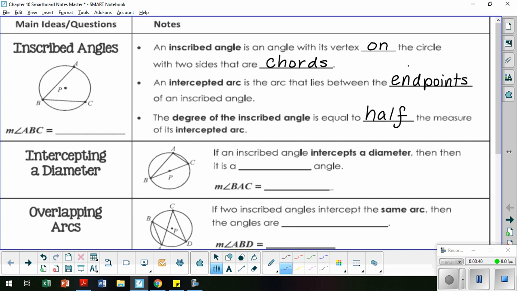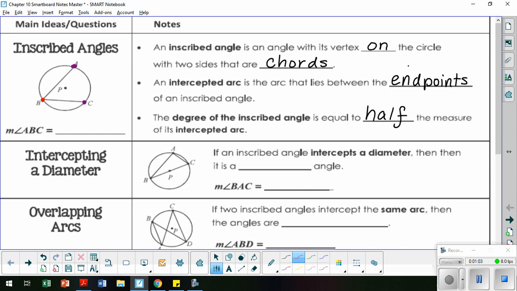So, an inscribed angle has two endpoints, and the vertex has to also be on the circle. It does not go through the center of the circle.